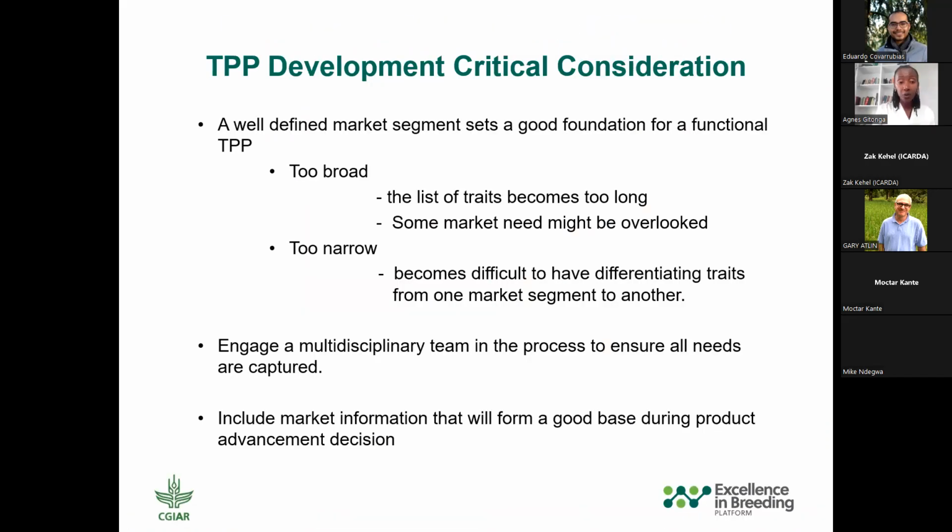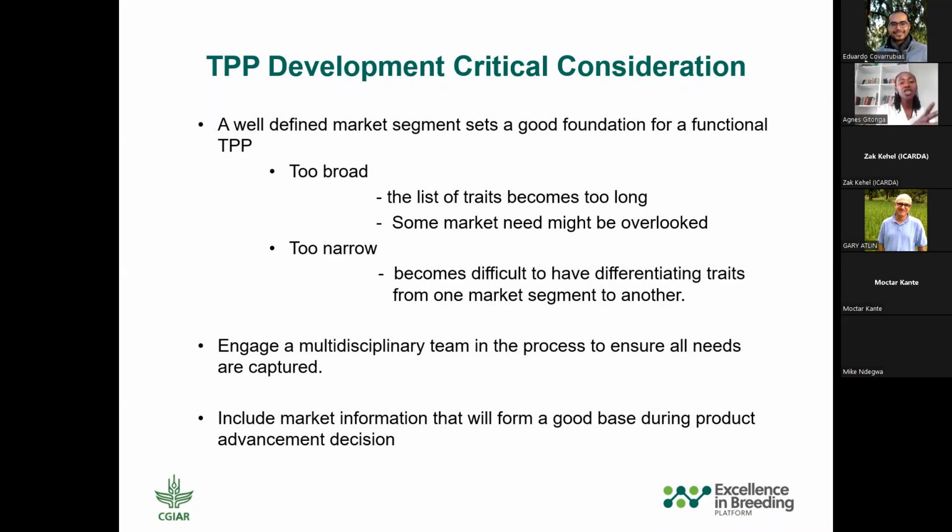As we come to a close, what is most important throughout the whole process is to have a good base. And a good base is a well-defined market segment, which sets a good foundation for a functional TPP. If our market segments are too broad, then we risk having a very long list of traits, and some of the market needs might be overlooked.